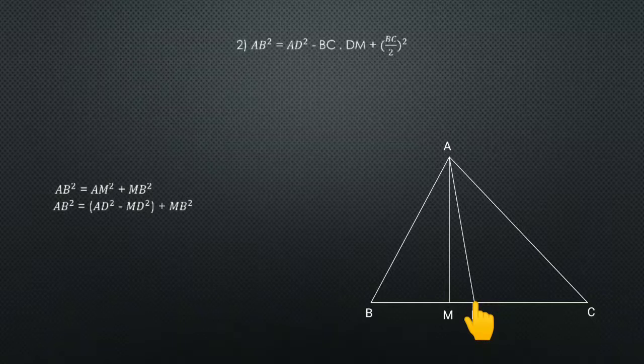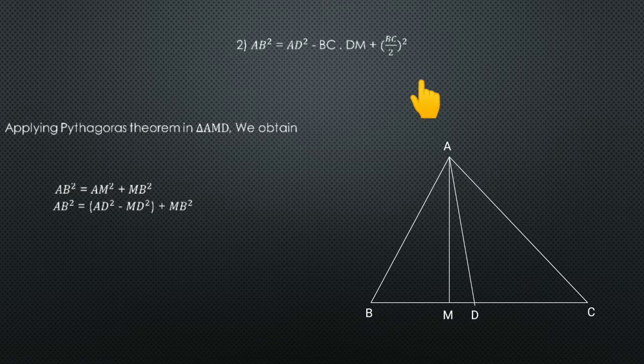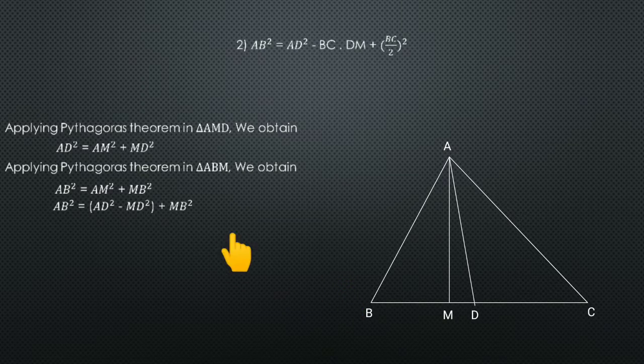Using these two, we will prove our result. First, applying Pythagoras theorem on triangle AMD: AD square is equal to AM square plus DM square. Now, applying Pythagoras theorem on triangle AMB, AB square is equal to AM square plus MB square.